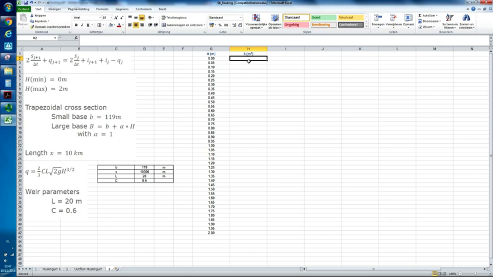How? Well, we know that the storage is the volume that corresponds with a certain water level. And our section is trapezoidal and we have a certain length.